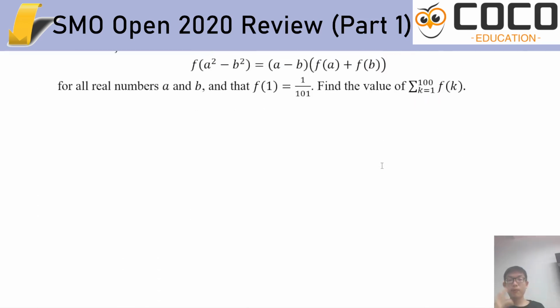Question 7. Now this is a functional equation. It is a functional equation which has a very obvious looking solution, because a squared minus b squared equals to a minus b times a plus b is an identity. So we know that f(x) equals to x works.